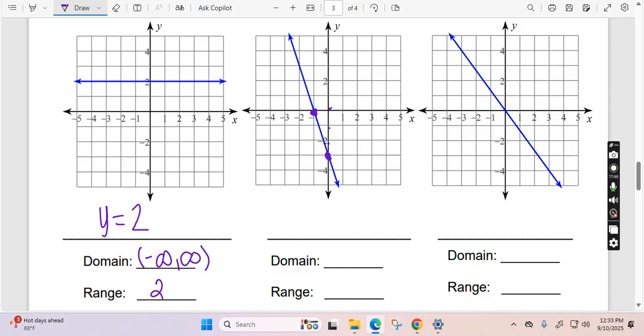If I go to the left, what does that mean? It means it's negative. And what is 3 divided by 1? So my slope is going to be -3. Don't forget your x. And then what's my y-intercept? -3.